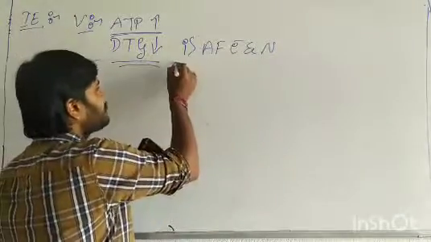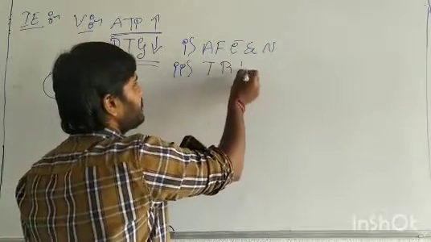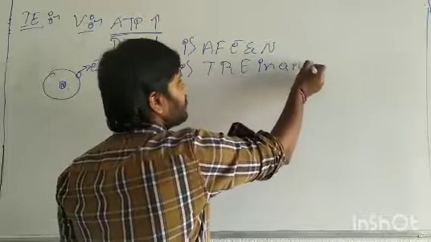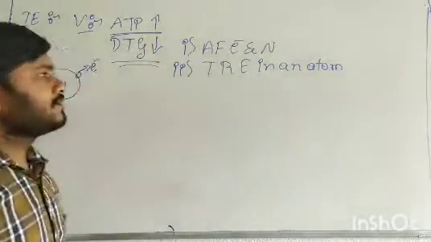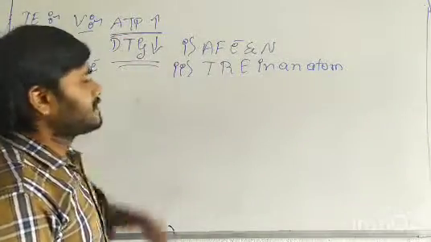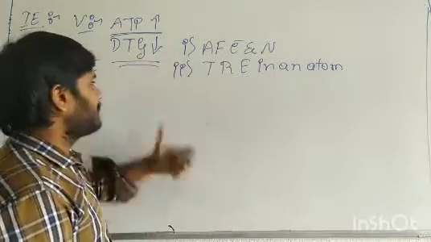And the second concept is the repulsions between the electrons in an atom. These are the two major concepts you should know before going to the discussion of the variations of ionization enthalpy along the period and down the group.